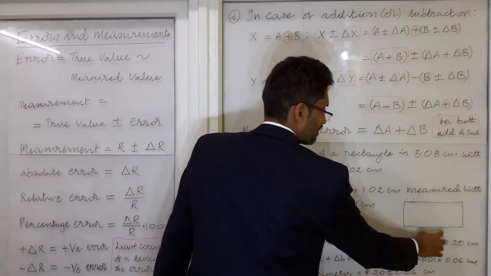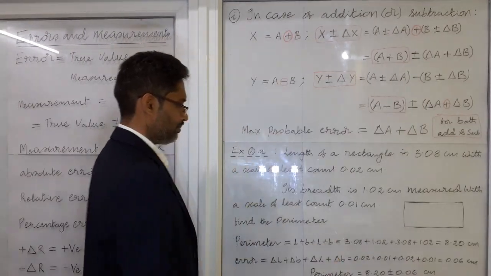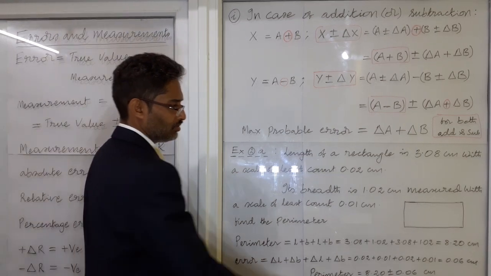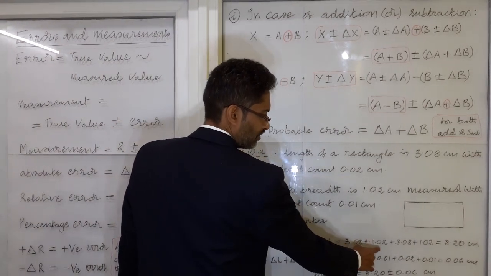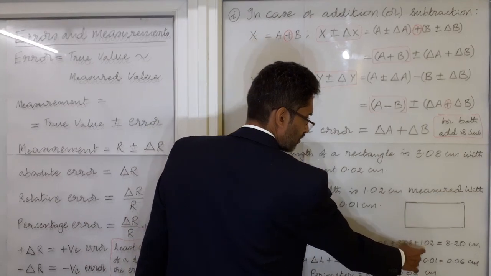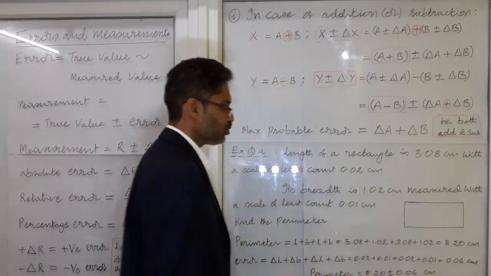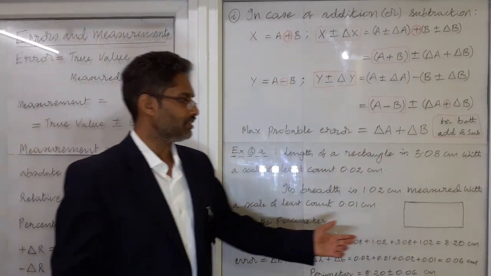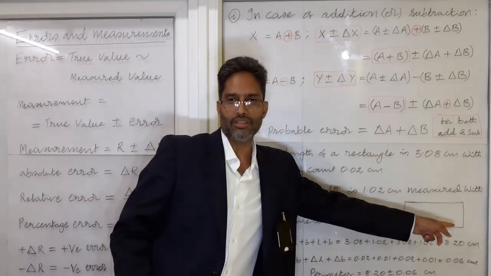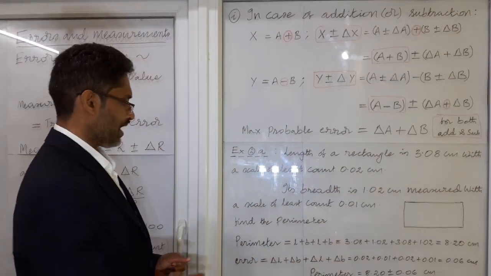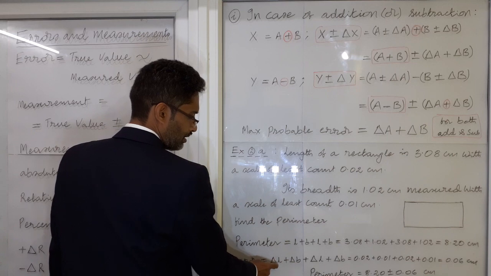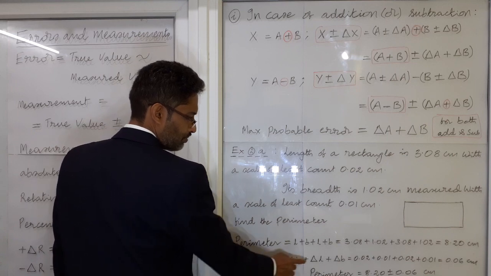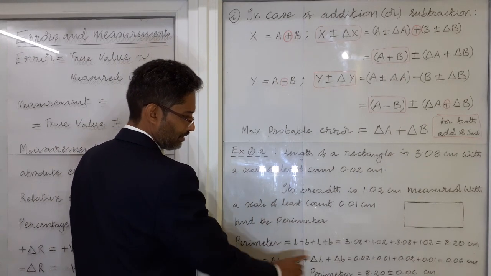L plus B plus L plus B is the perimeter, right? Now that should be 3.08 plus 1.02 plus 3.08 plus 1.02. It is 8.20, that is the perimeter, and 8.20 centimeters is the true value. Now what is the error in that perimeter? Delta L plus delta B plus delta L plus delta B again, right?